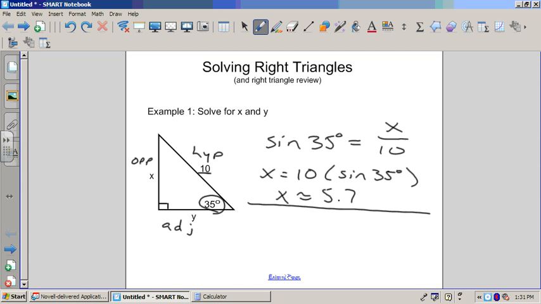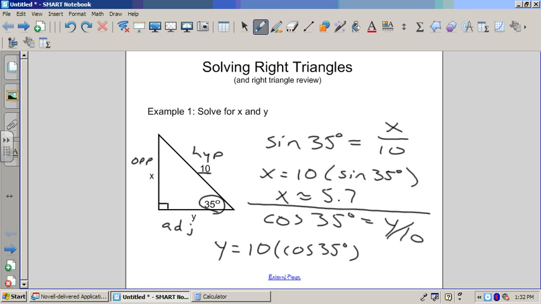Okay, how about y? Well, y is the adjacent. I know 10 is the hypotenuse. Which trig function uses the adjacent and the hypotenuse? Well, that's the cosine. So the cosine of 35 degrees is equal to y over 10. So y is equal to 10 times the cosine of 35 degrees.